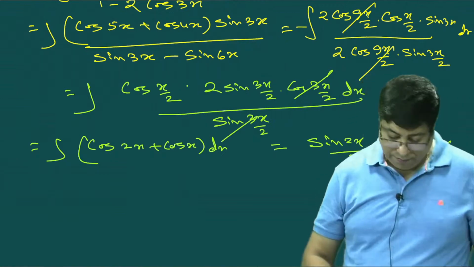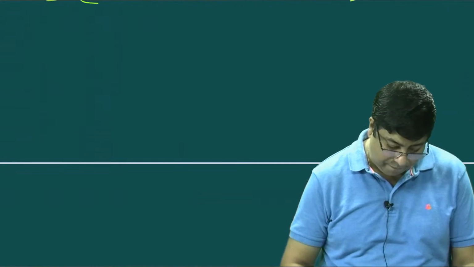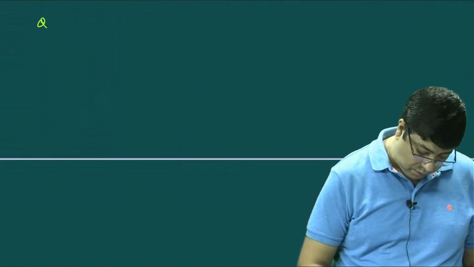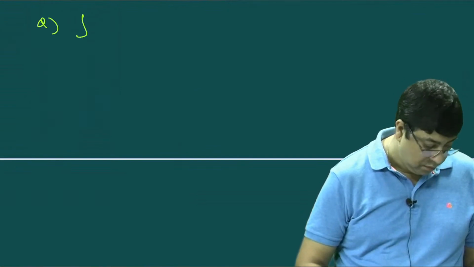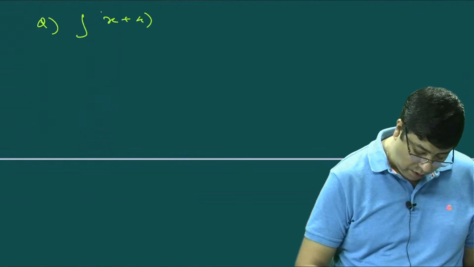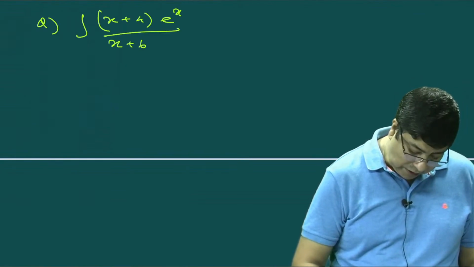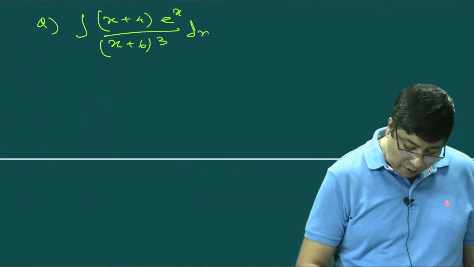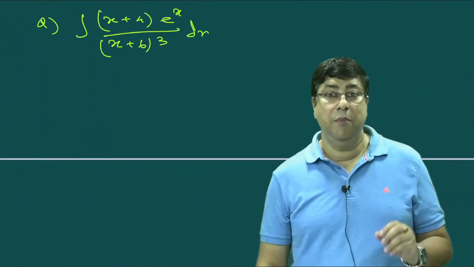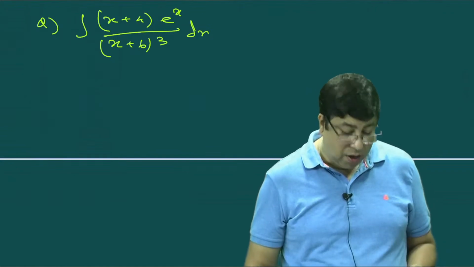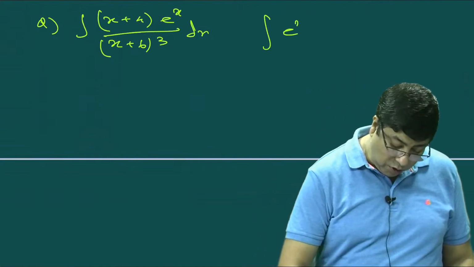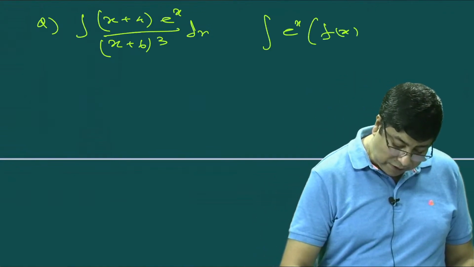Let's do the next sum. (x plus 4) into e to the power x, total divided by (x plus 6) whole cube. This particular sum, this particular method is extremely important, everyone. This is in the form of e to the power x into (f x plus f dash x).